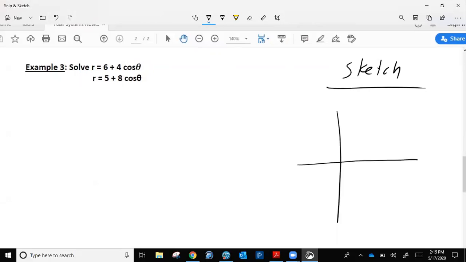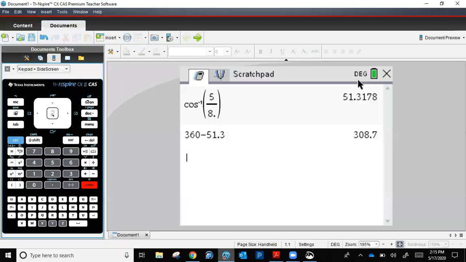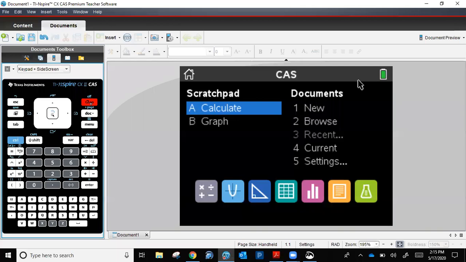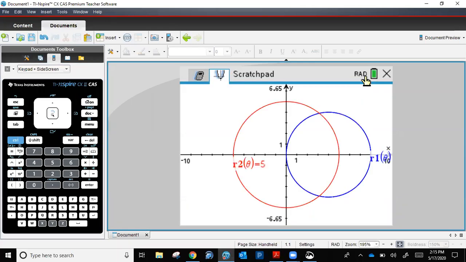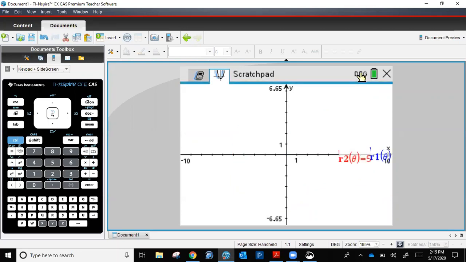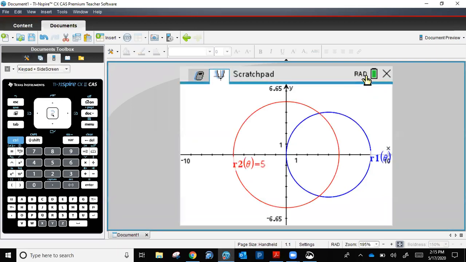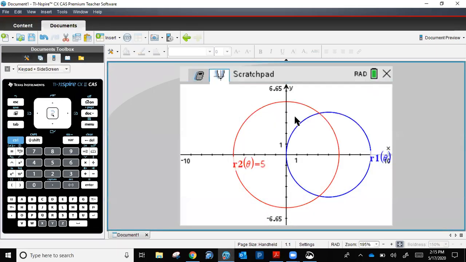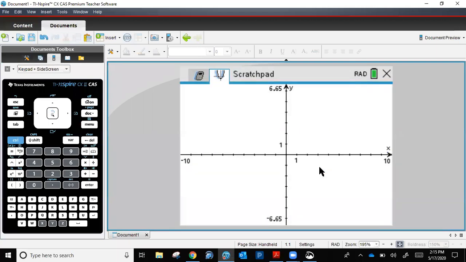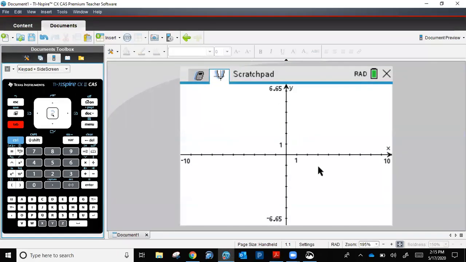I go to the calculator, 6 plus 4 cosine of theta. I'm going to go back to my graph. I want this to be in radians. Again, if I'm in graphs, I have to be in radians; degrees are for solving. I want to get rid of the curves I already have. Let's delete those things. Tab brings up a new window.